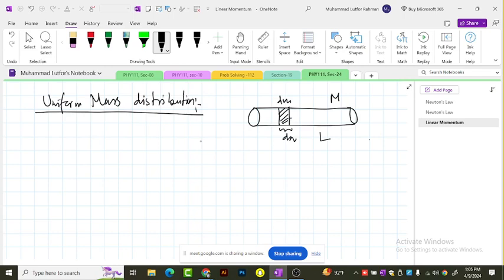If I can find out the center of mass of this one, then by that analogy I can take one more smaller mass from there, one more smaller mass up there, and so on, right? I can find out small segments of that. Instead of finding the smaller segments, what if I integrate this total system from 0 to L?